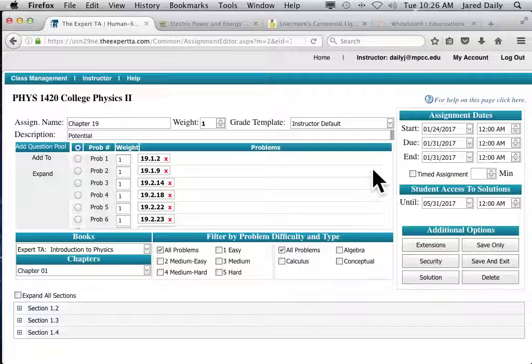Apparently it's due the 31st, which is today. It's due like almost 12 hours ago. Oh, yes. So it was due yesterday. Originally, I had it due at a different day, and then I changed it. I don't remember what my original one was. It doesn't keep track of that.